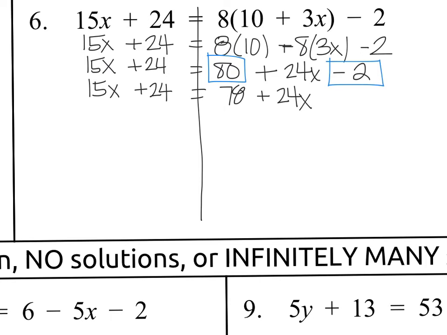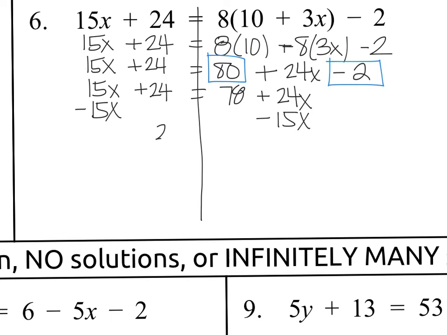We have variables on both sides, so we need to decide which one to bring over. Not a bad idea. Subtract 15x from both sides.